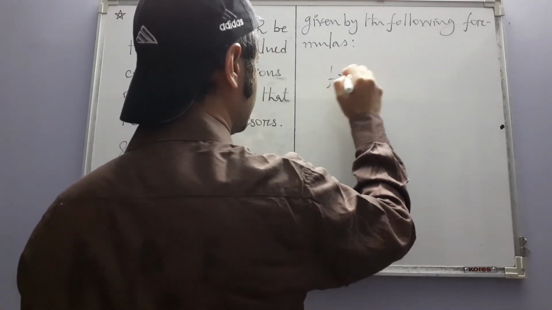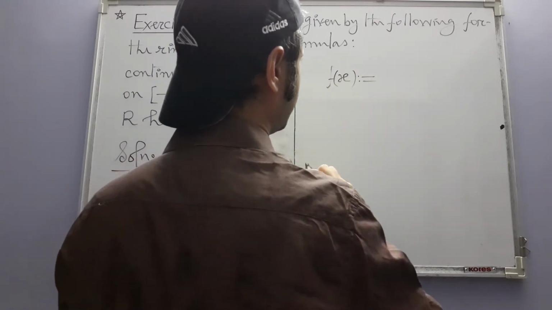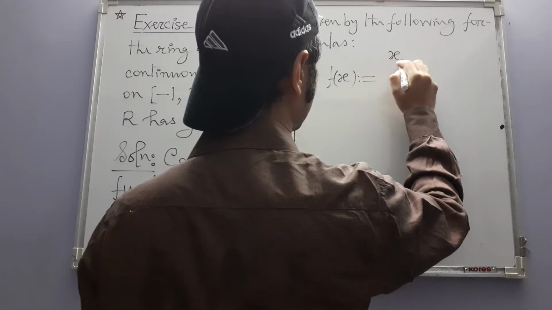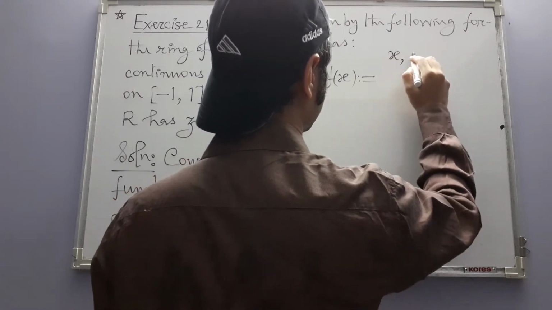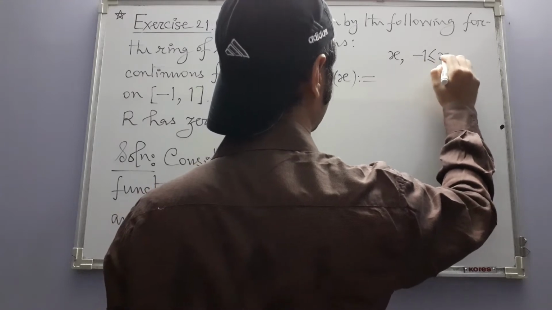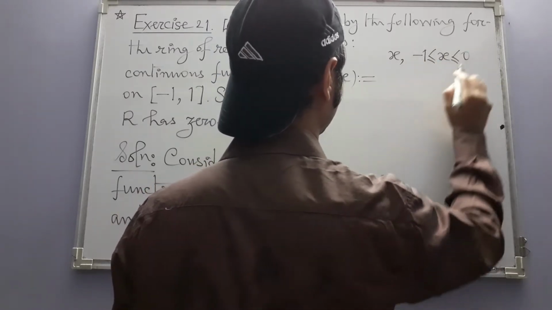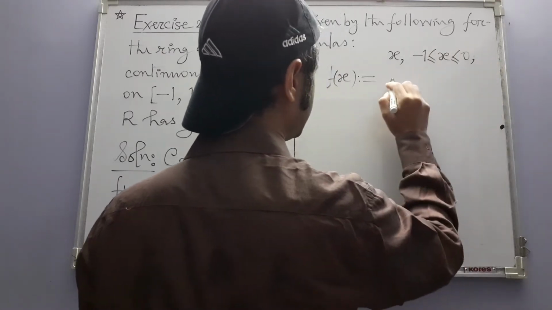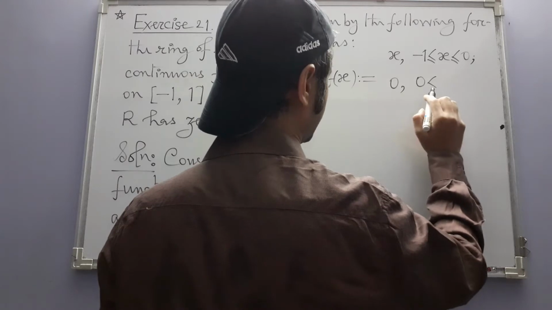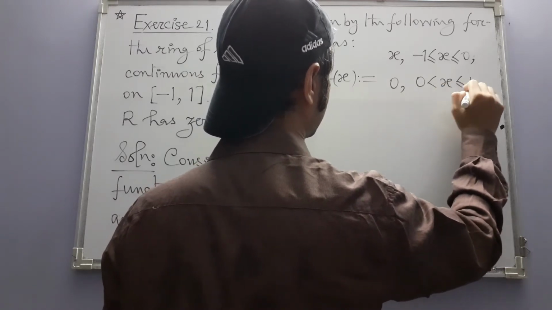F is defined like this. F of x is defined to be equal to x when x lies between -1 and 0, and is defined to be equal to 0 when x lies between 0 and 1.